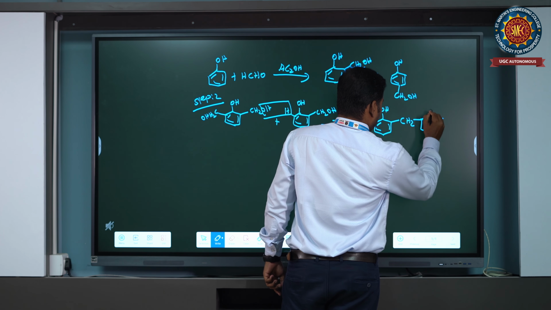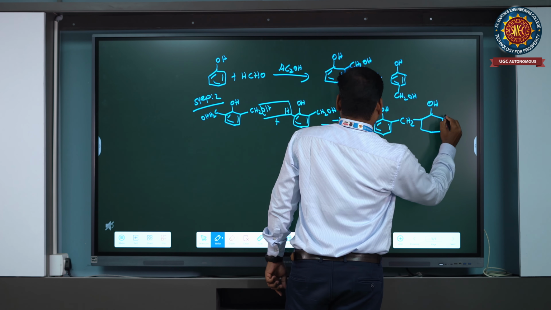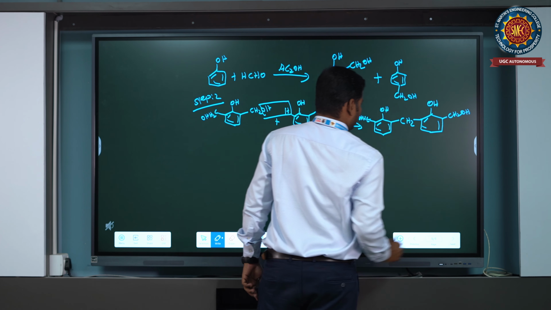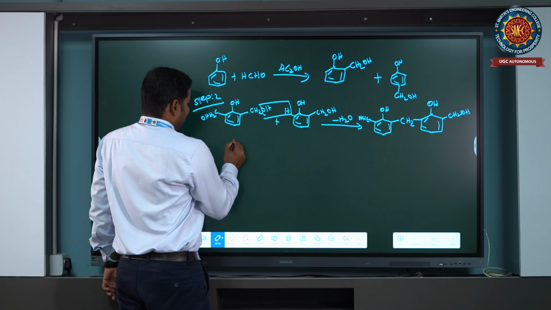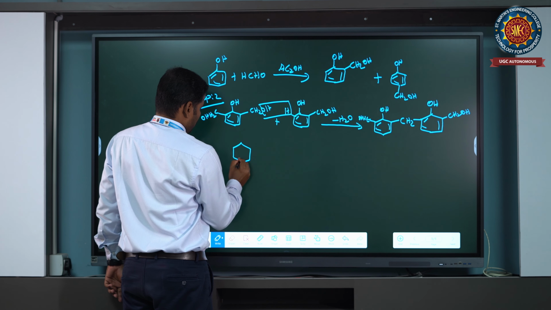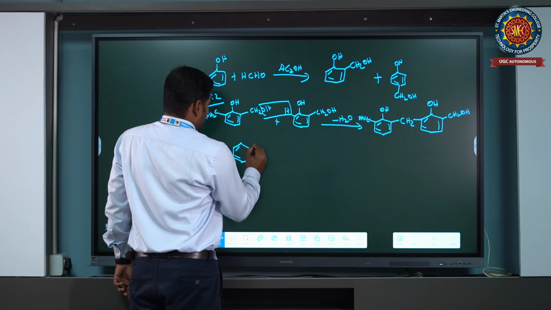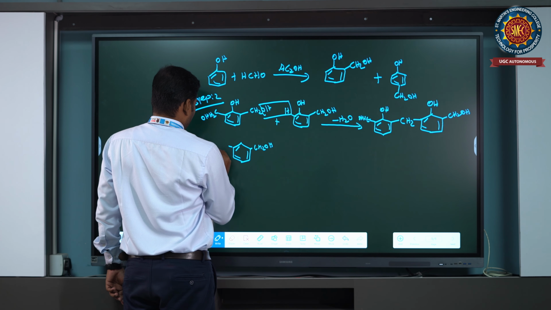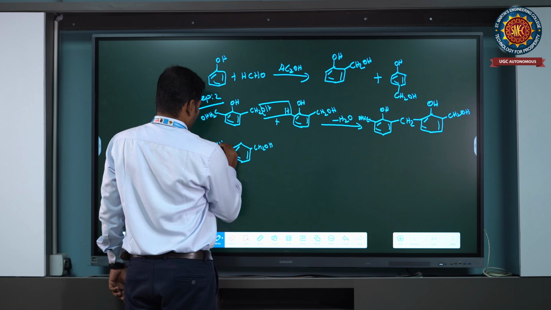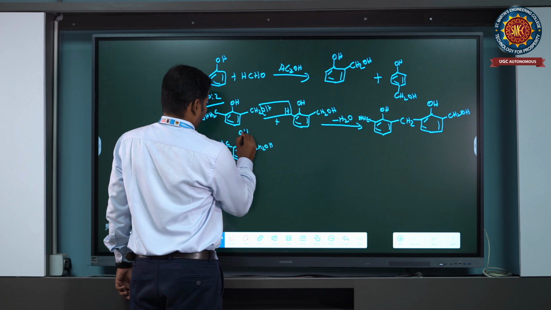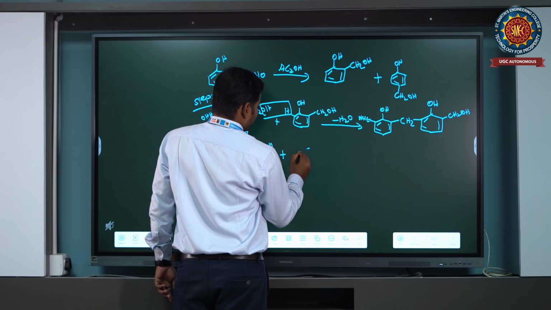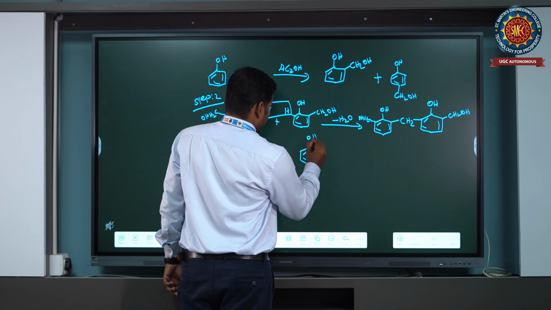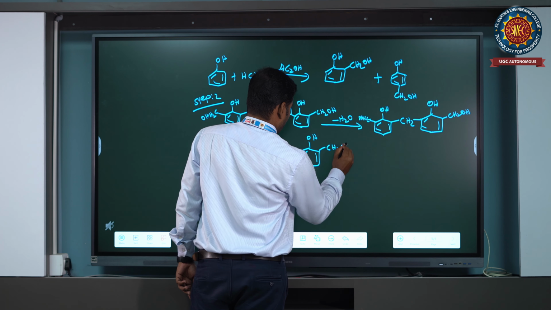C6H5 CH2 OH. The same way again, CH2 OH, this one gives ether linkage. Similar structures here, CH2 OH OH.